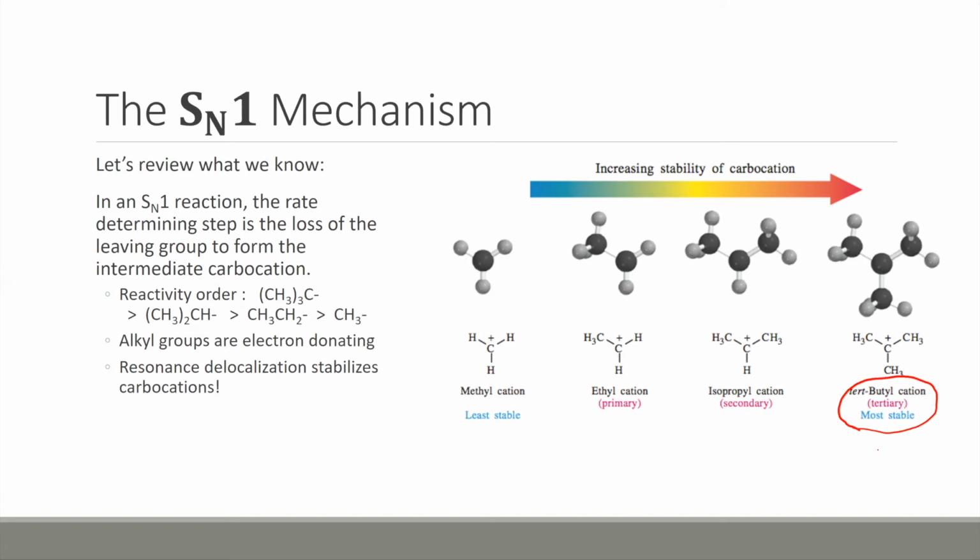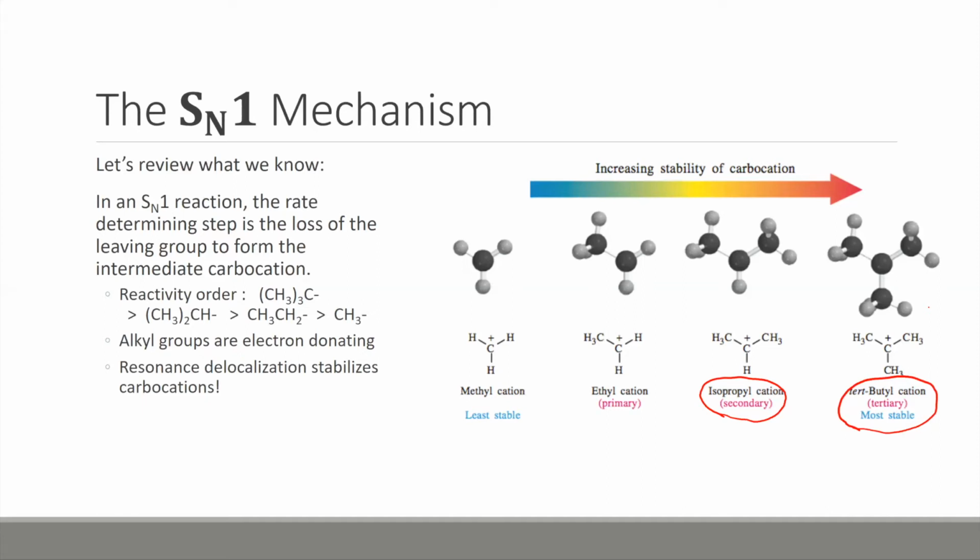However, as you move down the line, if you start with a secondary alcohol, you'll form a secondary carbocation, which is a little bit less stable, and so the reaction takes longer. That's why these reactions need, for example, higher temperatures and a more aggressive acid. And that continues as you see. So the most stable carbocation is a tertiary carbocation.